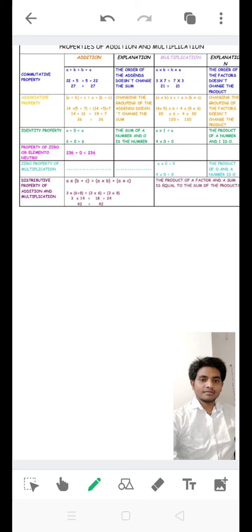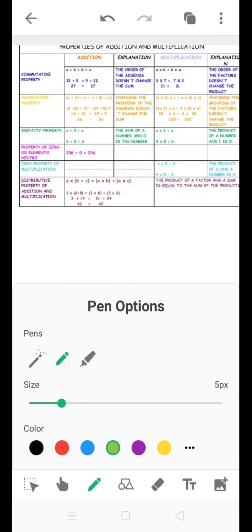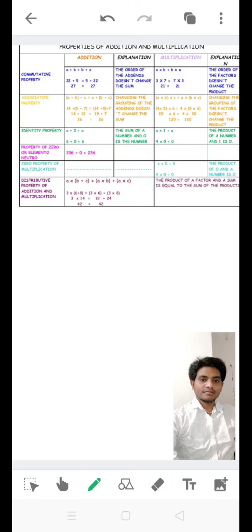Once again recall this. We know that to represent integers, they are marked on the number line, like this. This is 0. To the left of 0 we represent negative numbers.